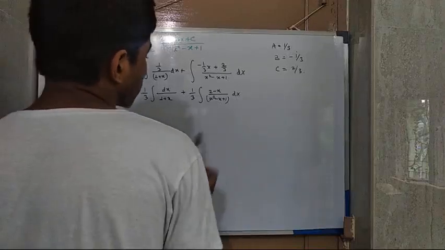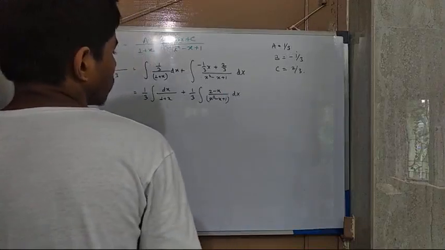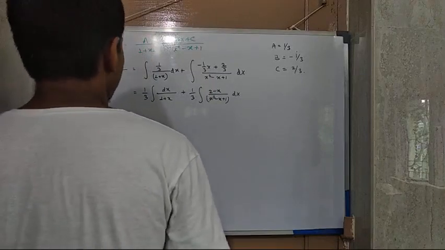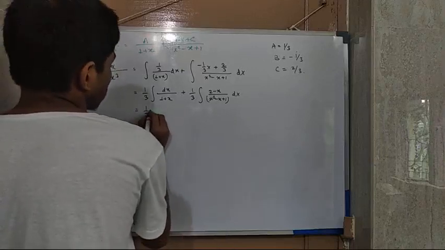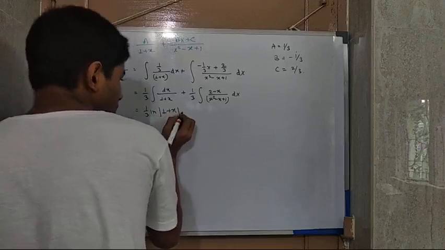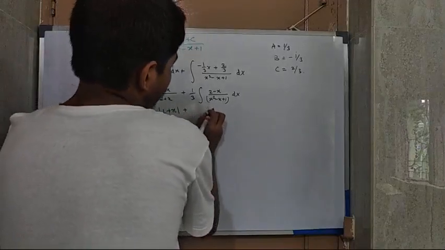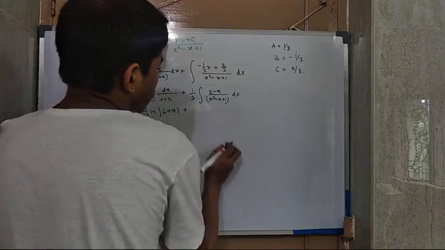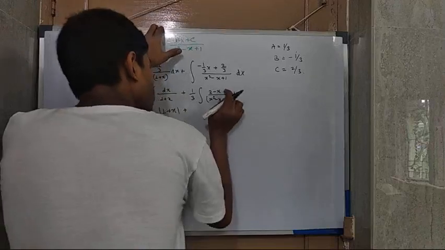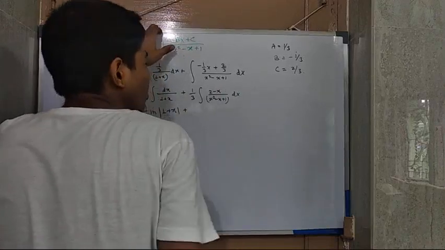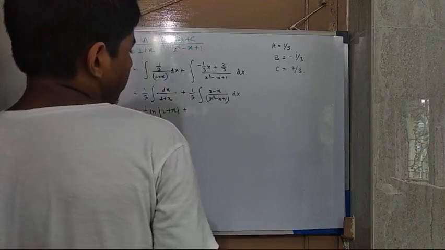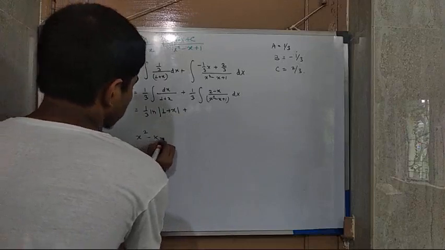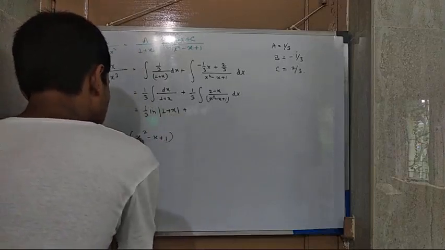So from here, this is 1/3 ln of 1 plus x plus, we have 2 here. What will differentiating the denominator, x squared minus x plus 1, give?